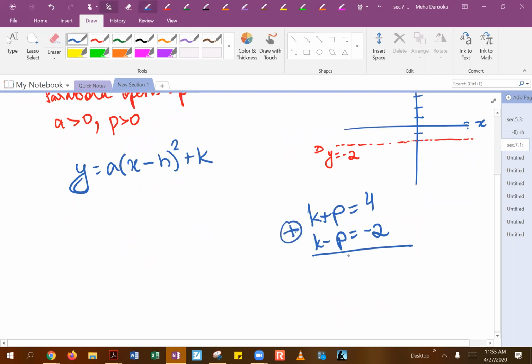So if you just add these two equations like we did with our addition method, your P will cancel each other out. You add the K's, K plus K gives you 2K. 4 plus -2 gives you 2. Solving this equation gives you your K value, which comes out to be 1. So that's this number right over here.